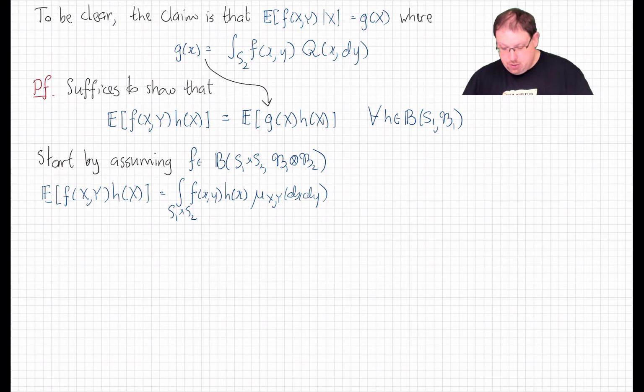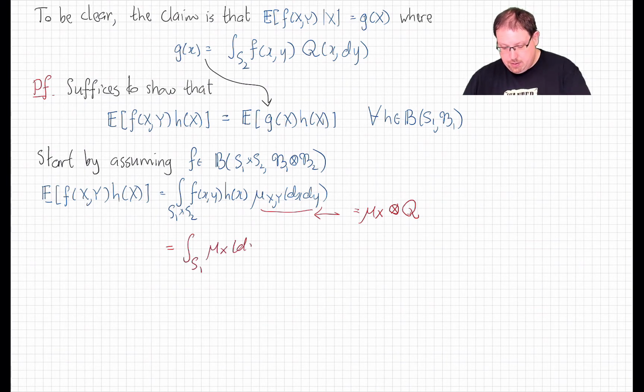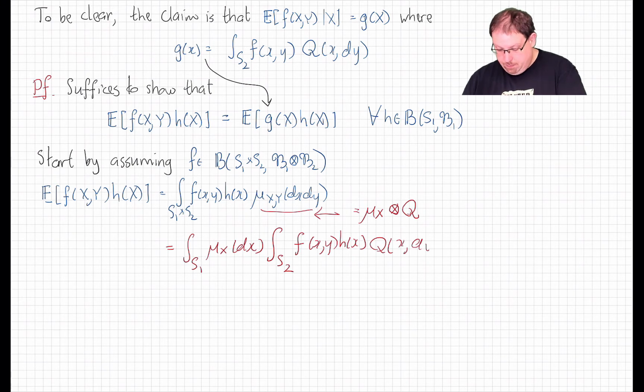Now we use the assumption that we made, which is that the joint law here can be written in the form the law of X alone product with this probability kernel Q. And so, using the lemmas that we proved last time about how you integrate against a product of a measure and a probability kernel, and how you integrate against a probability kernel, this integral becomes the integral on the outside over S1 of the single law mu of dx, and on the inside, the integral over S2 of f at x, y, h at x, Q at x dy.